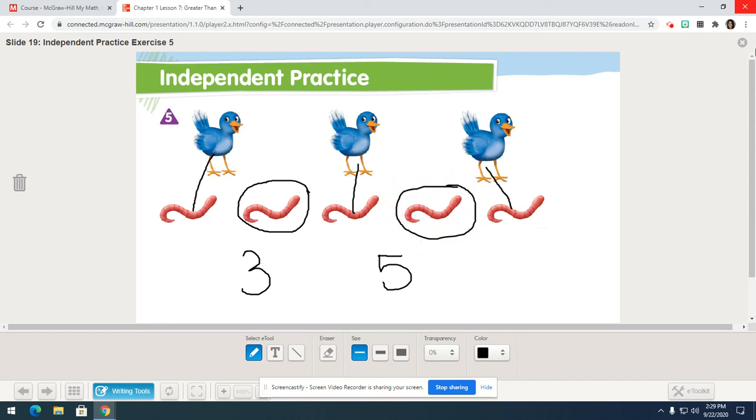Good. We have more worms than we do birds. So that tells me that 5 is greater than 3. Or, echo me, the worms are greater than the birds.